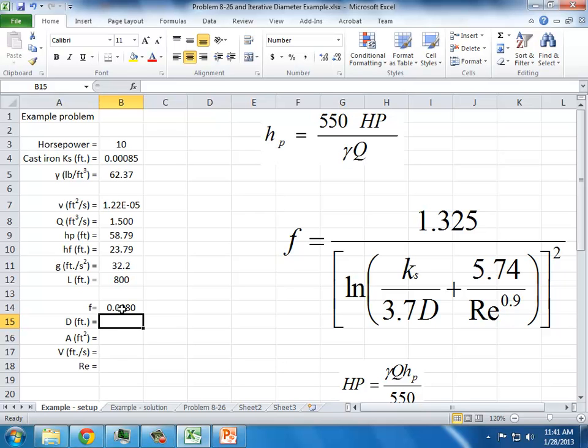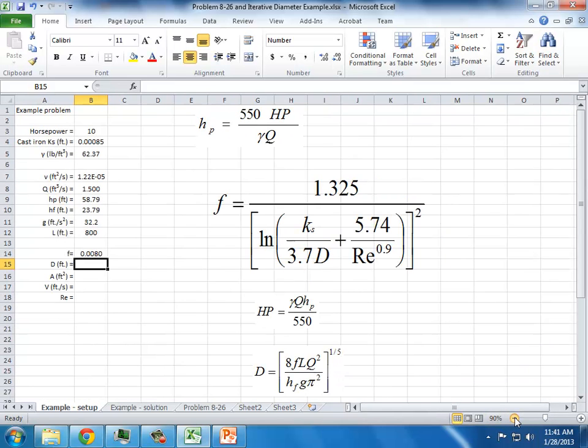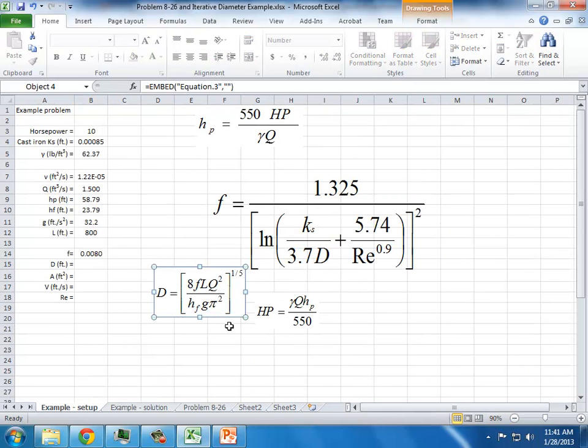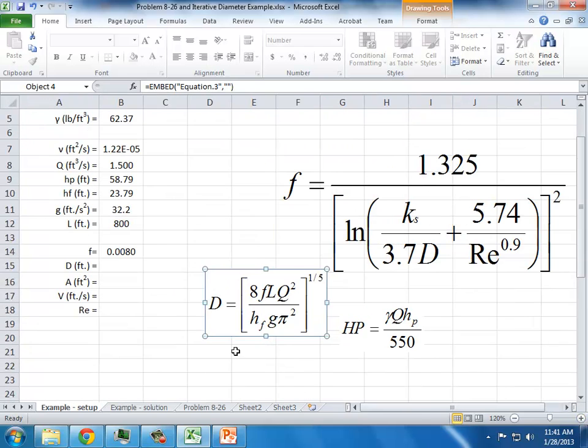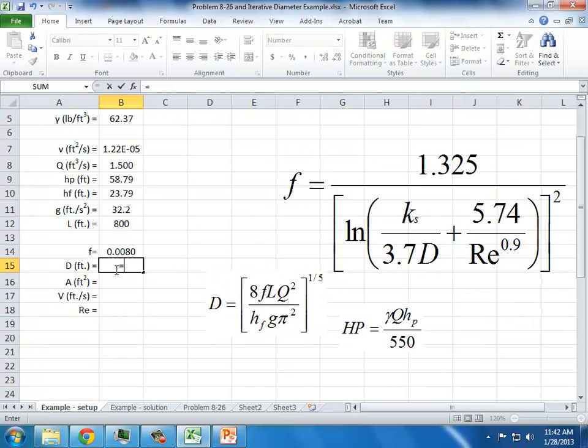In future iterations, rather than providing a guess, we're going to use the equation for f. The diameter based on, here's the equation for the diameter. Okay, so we'll use that equation. It is 8 times f times L. And anything that references up in this range, I'm going to anchor by pressing F4. If you press F4 after you do a cell reference, then it puts those dollar signs in there so that it will stay constant.